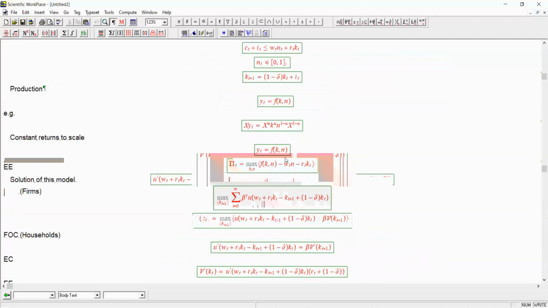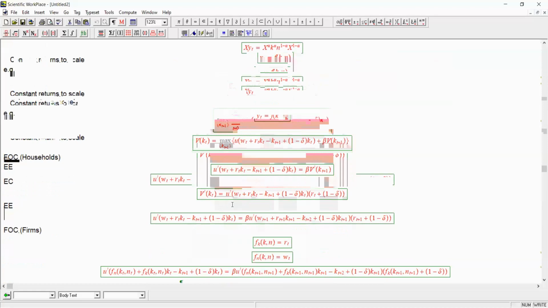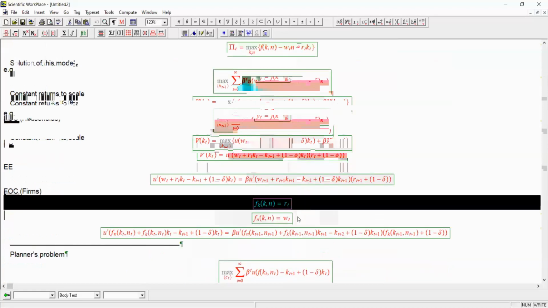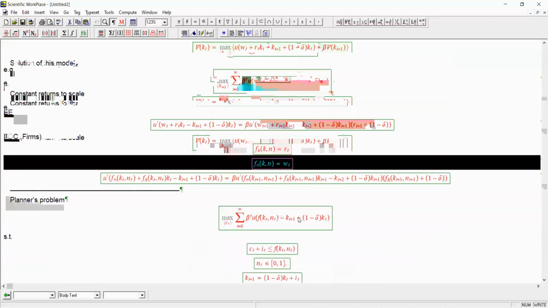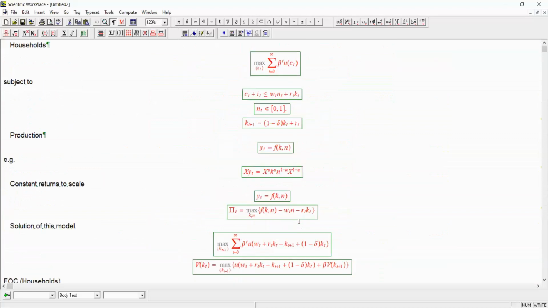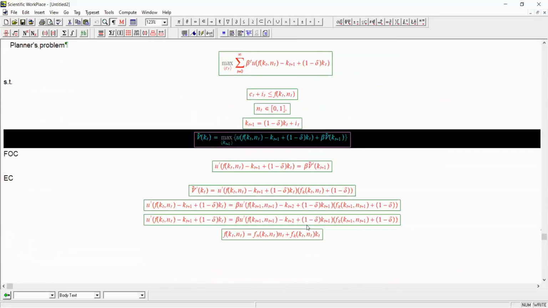This household is looking at wages and interest rates, but those are set by the firm to make sure that the resources obtain their marginal return. So at the end of the day, of course, the market solution up here and the planner's solution down here end up being the same.